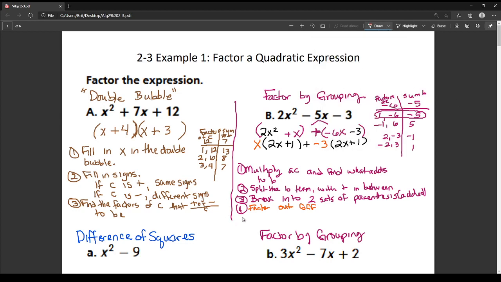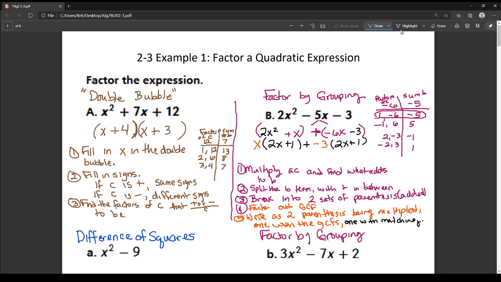So then step 5 is to write as two parentheses being multiplied. Okay, one with the GCFs, and then one with the matching parentheses.